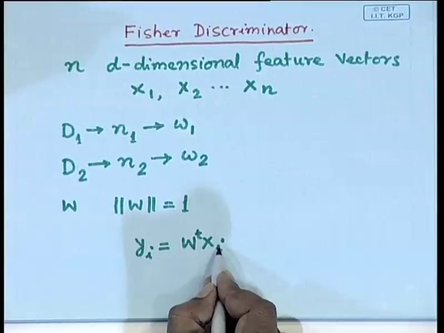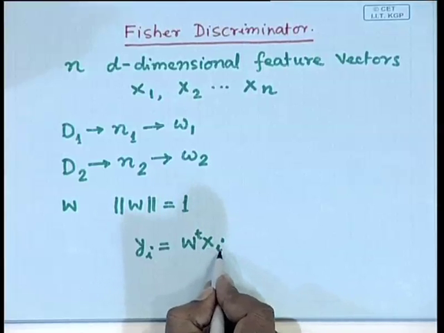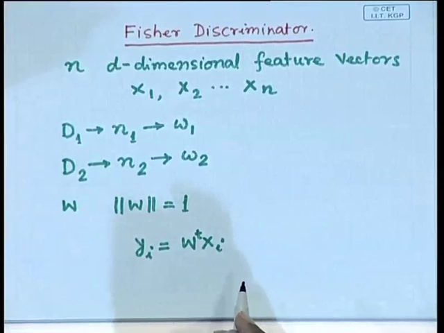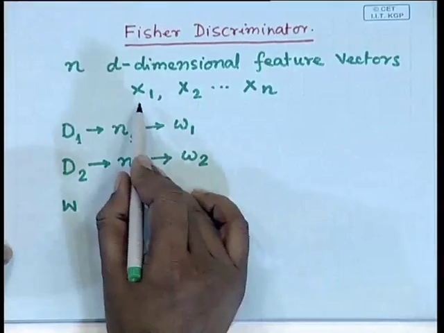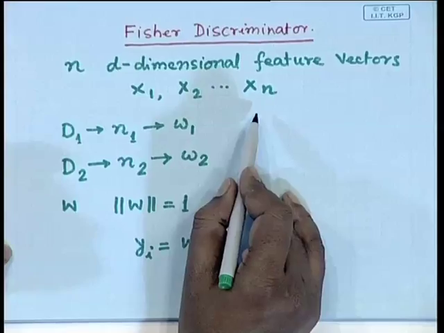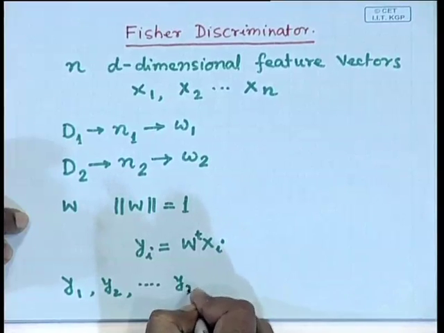When I take the projection of this in the direction of W, I get W transpose x_i, and the projected vector is y_i. So, when I have these n samples x_1 to x_n, the projections of these onto this projecting line will be y_1, y_2 up to y_n.